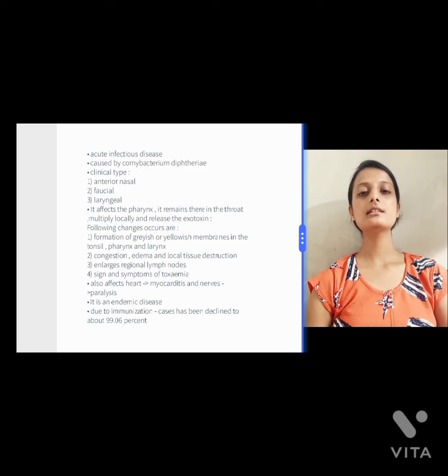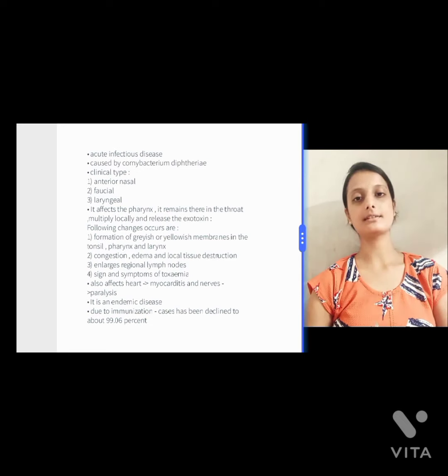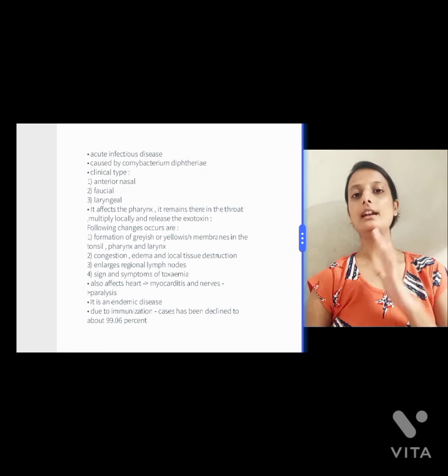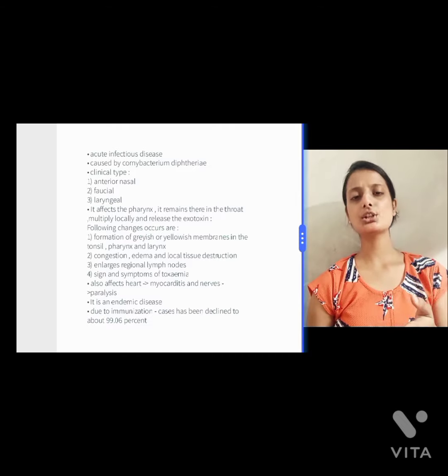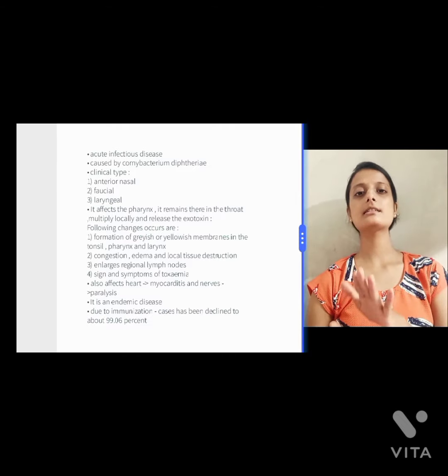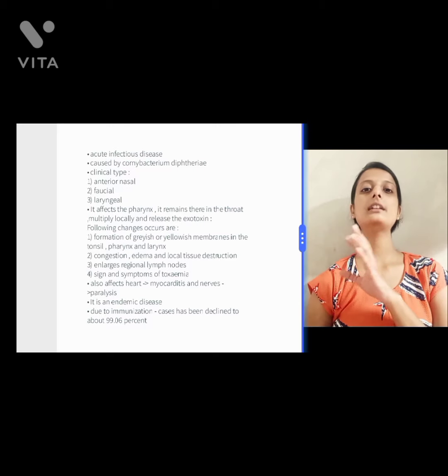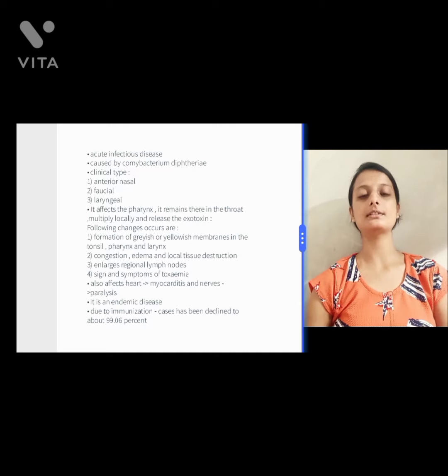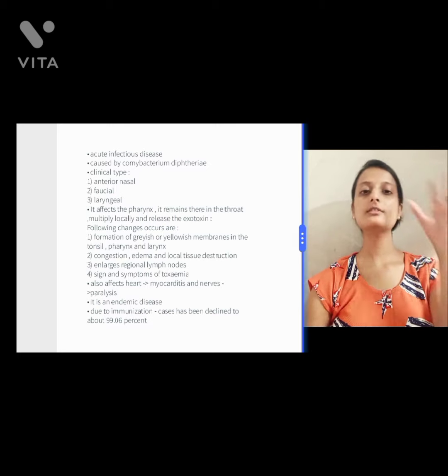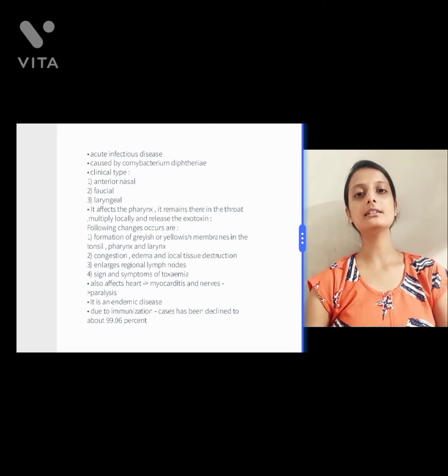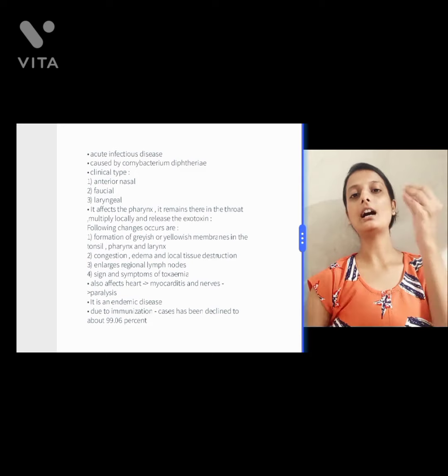This disease is basically an endemic disease, and due to immunization nowadays, this disease has declined by about 99.06%. So this was the whole introduction regarding diphtheria.